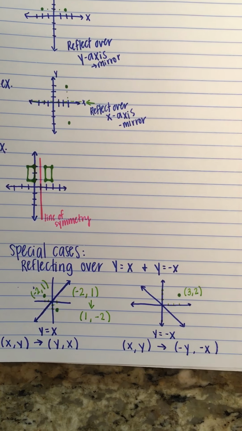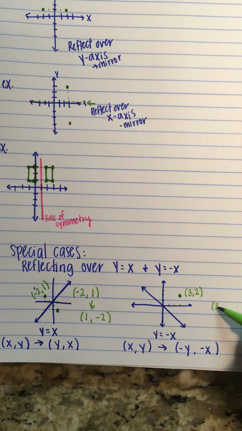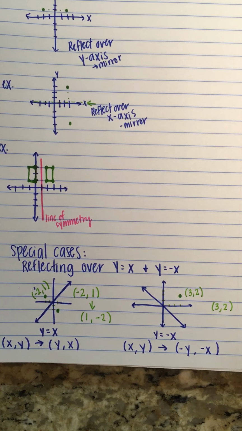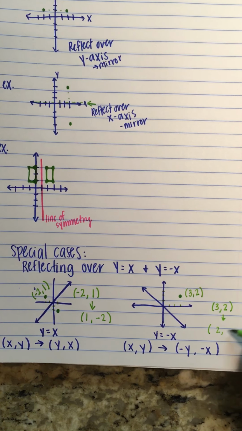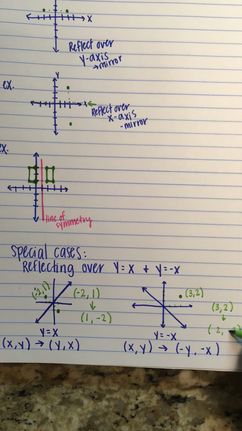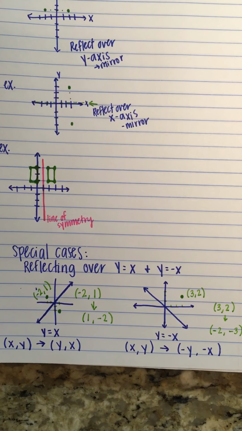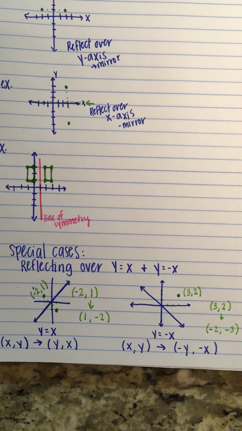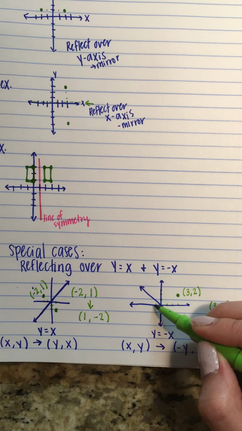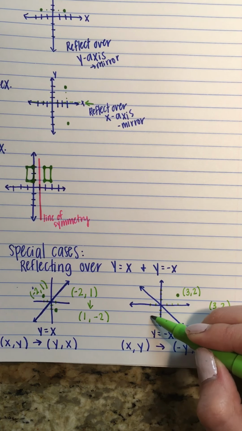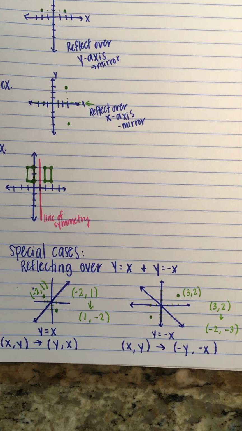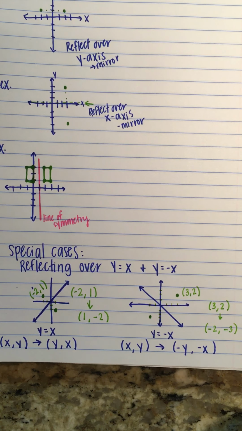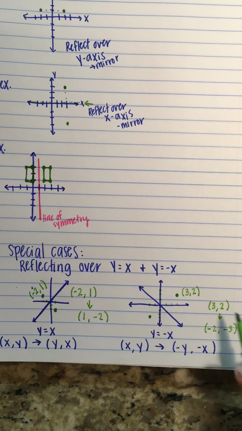So in this case, 3, 2, switch their spots and change the sign. So we're going to go to -2, -3, which is right over here. And that is my endpoint.